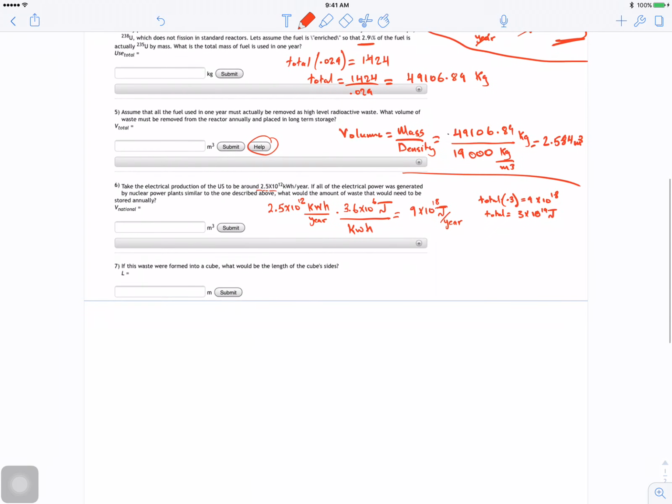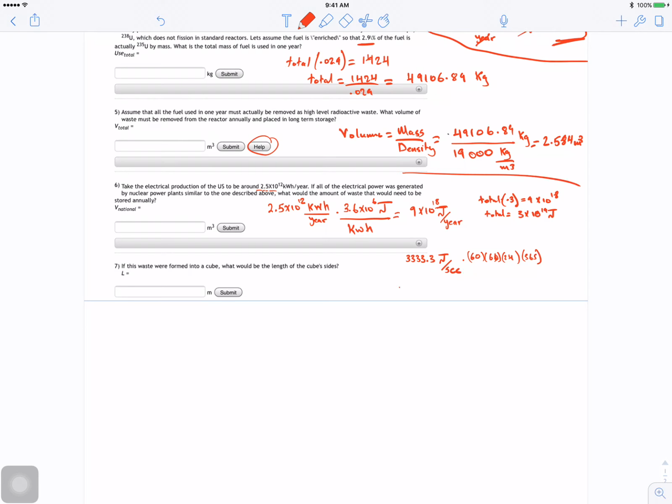So now let's also change the number we got in the first question, which is 3333.3 joules per second. Let's change that to a year, and we just multiply it by 60 times 60 times 24 times 365.